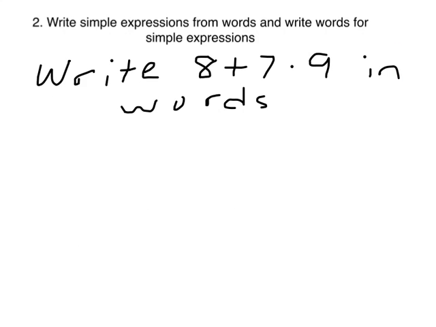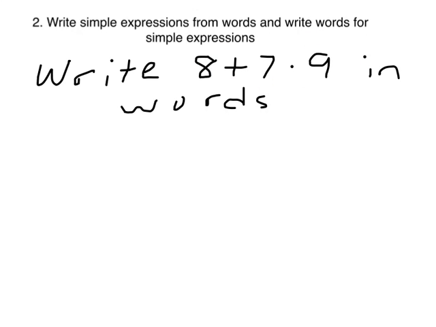The second learning objective for this test is to write simple expressions from words and write words for simple expressions. So really what they're doing here is writing words for numbers and writing numbers for words. So in this example we're going to write words for this expression: 8 plus 7 times 9.